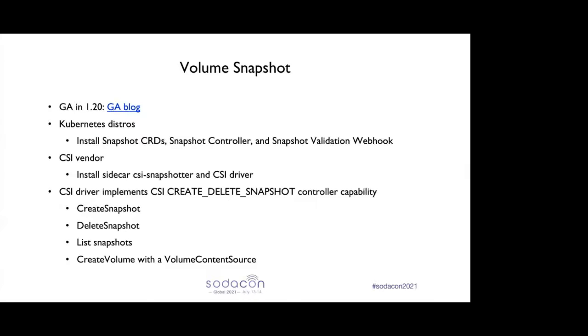We strongly recommend Kubernetes cluster distros to install these components because they are independent of CSI drivers. And there is an external CSI snapshotter sidecar that should be deployed together with the CSI driver. The implementation of create snapshot and delete snapshot must support idempotency.